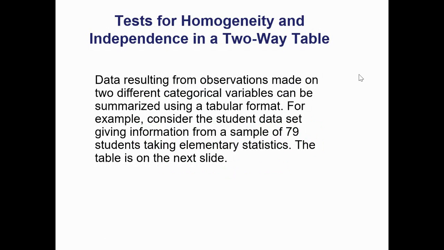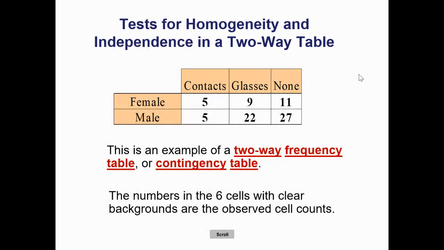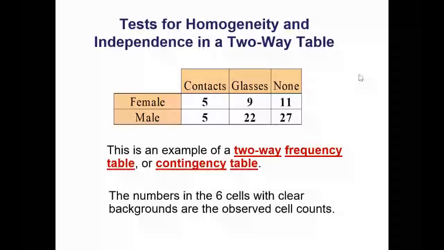One such data set that we've been using throughout the semester sporadically is the student data set, and they gave a sample of 79 students taking elementary statistics. Now, in that data set, 2 of the variables were vision correction and gender.